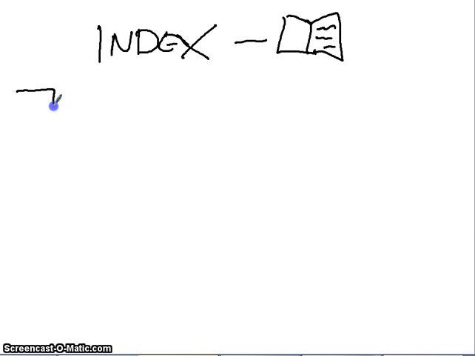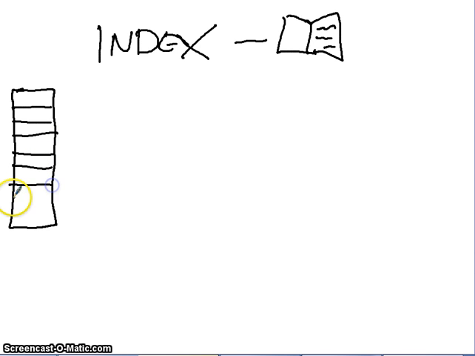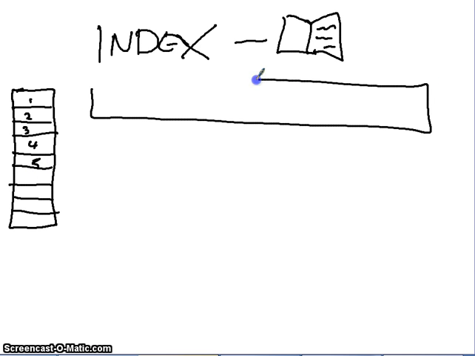Because in my diagram, at the very beginning of the data file, I have an index. And that index just has the names of where every single file is. So as you can see, I'm adding them. And then I have my data line here.